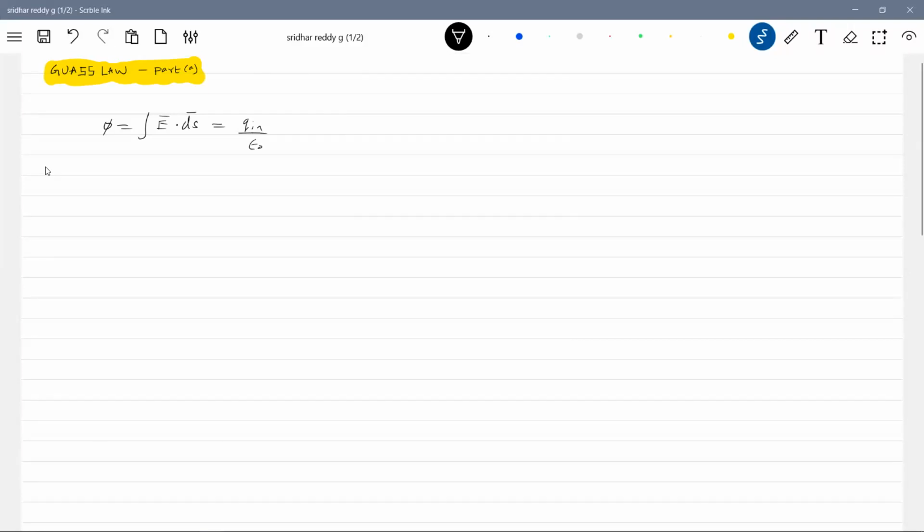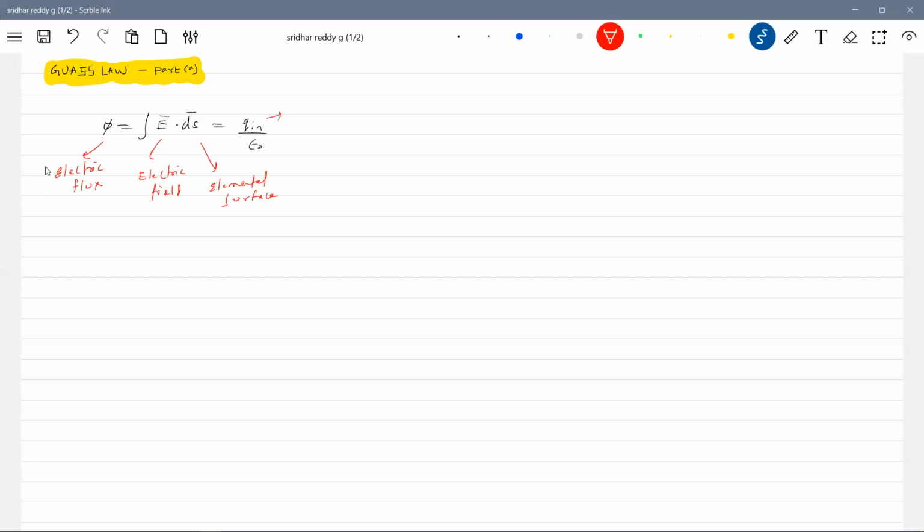Okay, so what is this quantity? All one by one we will list out. This is called the electric flux. This is the electrostatic field. What is dS? Elemental surface.